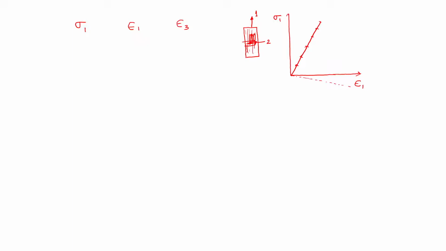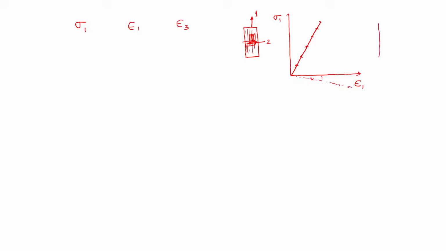So the strain in this case will be negative. I think the data are given here. Corresponding to these strains, epsilon 1, there will be epsilon 2. You have the values of epsilon 2. I am showing it in one diagram.